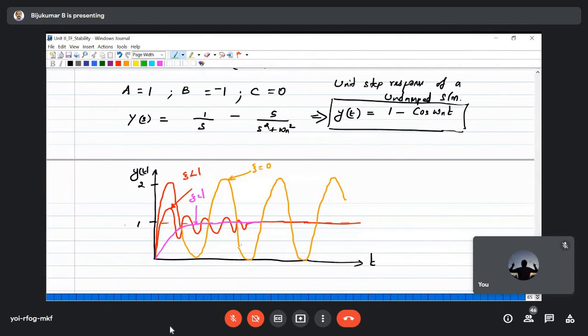Can you tell? That also you do as homework. You calculate the step response for the overdamped system also. For an overdamped system also there won't be any oscillations and overshoot. But what is the difference between these two? Zeta equal to 1 and this one.